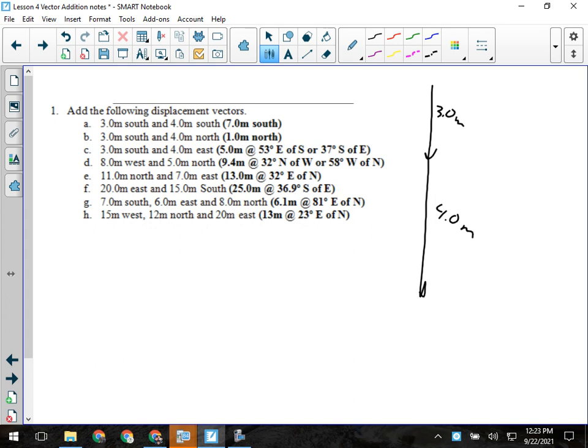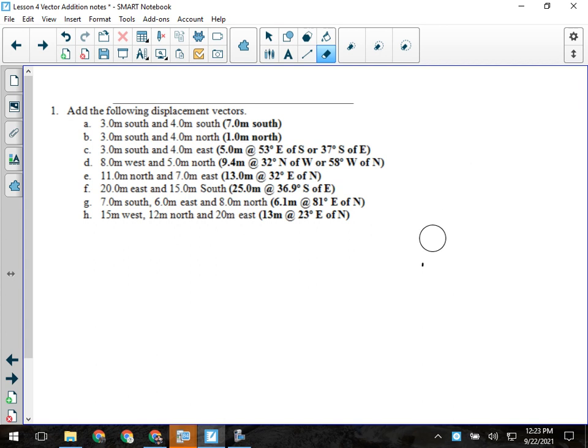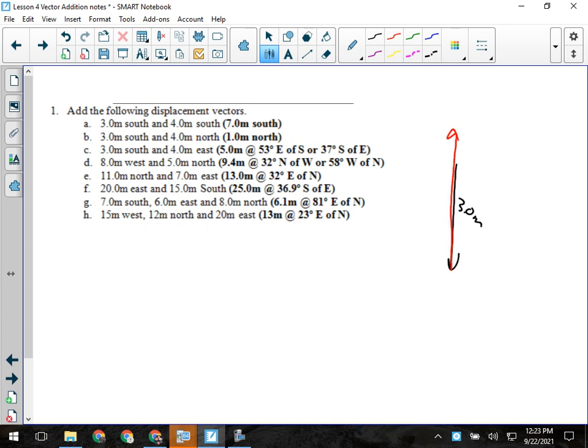For B, is B collinear as well? Where I have 3 meters south and 4 meters north. Yes, it is, because there's no change in direction other than along the same line. They're collinear because it goes 3.0 meters south and then 4.0 meters north.